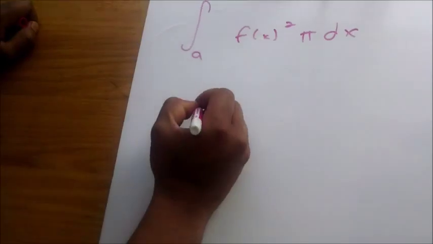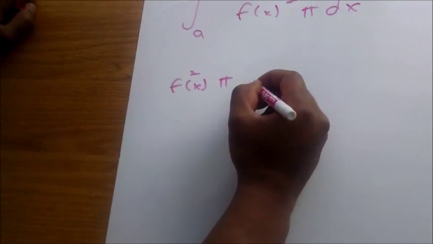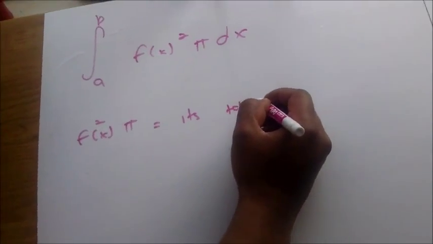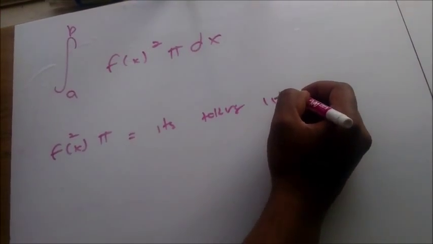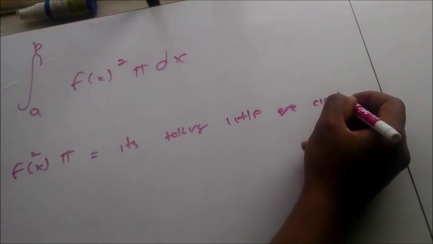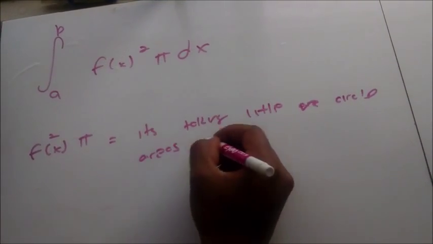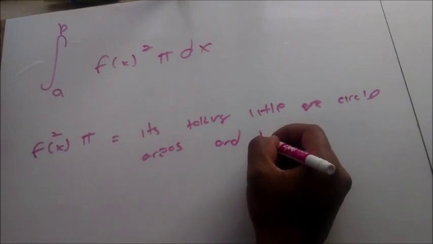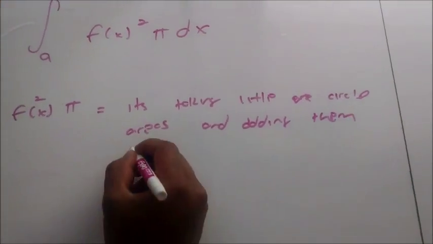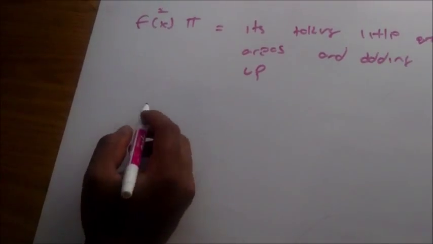What f of x squared pi is doing is taking little areas, circle areas I mean, and adding them up to find the total volume.